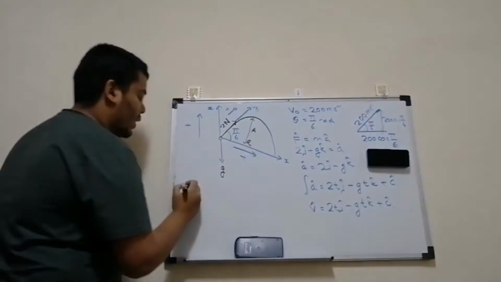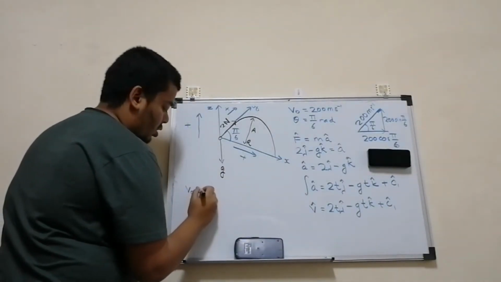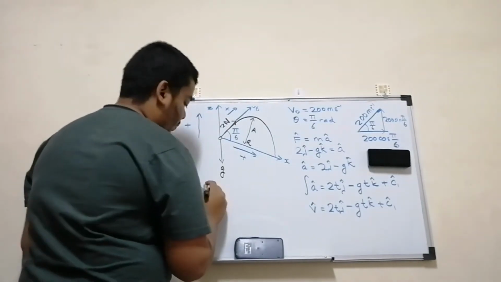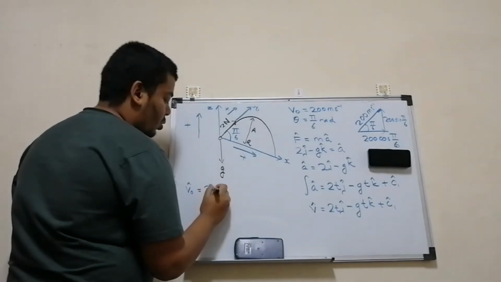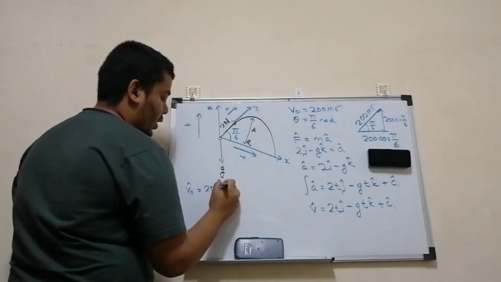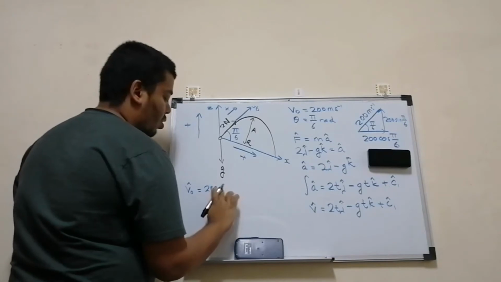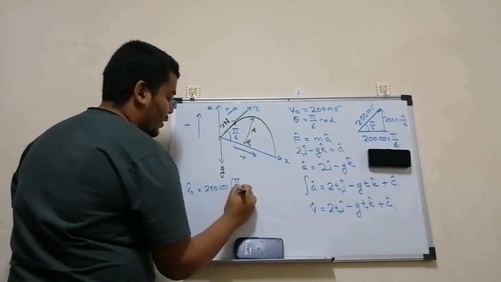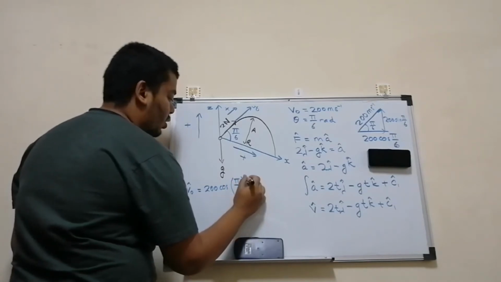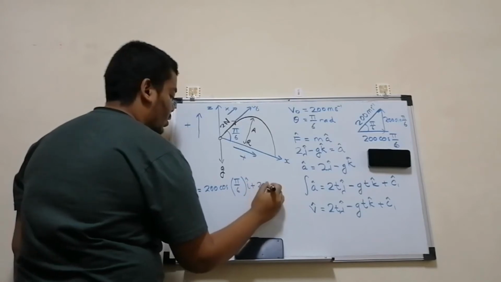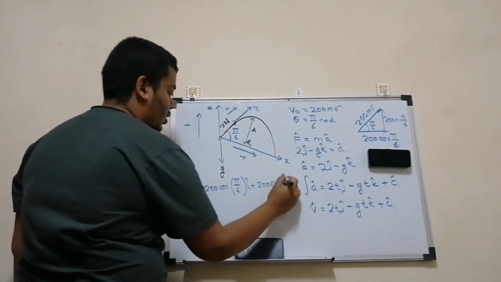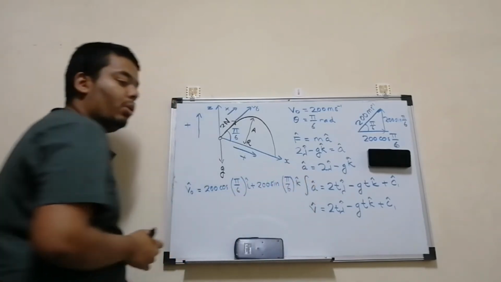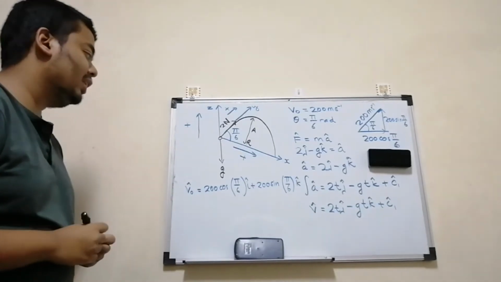So we can write our V naught as a vector, when t is equal to 0, V naught will be 200 cos pi upon 6 as the I component plus 200 sine pi upon 6 as the K component. Remember guys, this is the K component.